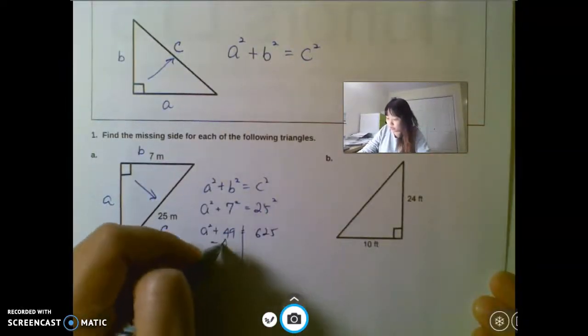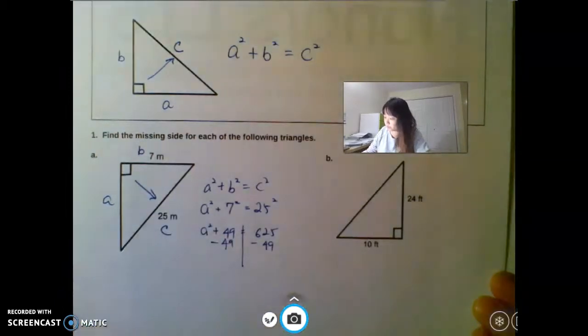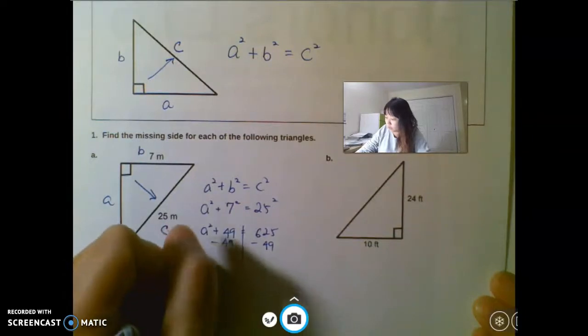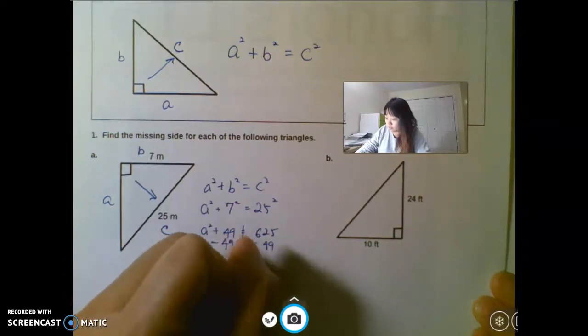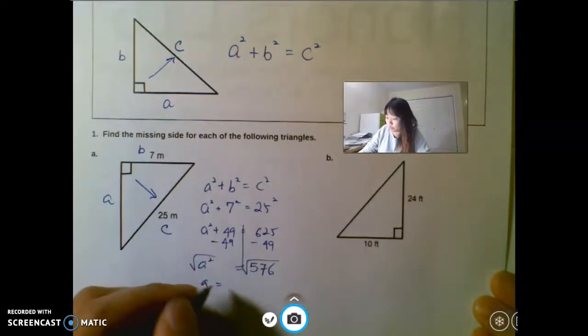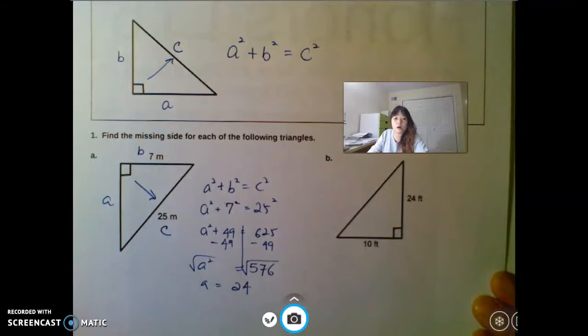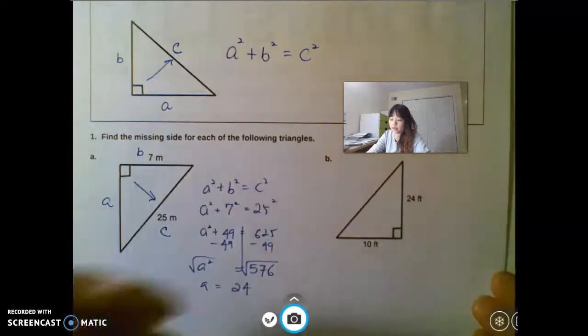Subtract 49 from both sides. A squared is 576. Last, you square root both sides and you get 24. We are going to give you a nice integer for the missing sides, so let that be a way to check if you're doing it correctly or not.